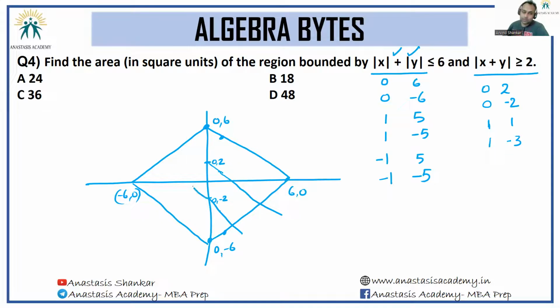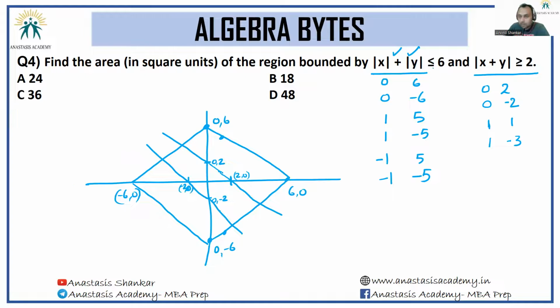Of course, this keeps going this way, this keeps going this way. Where would it cut it off? Hopefully you can see the region where it will cut it off will be (2, 0), and the region where it will cut it off will be (-2, 0).